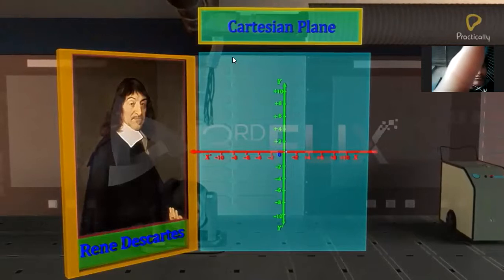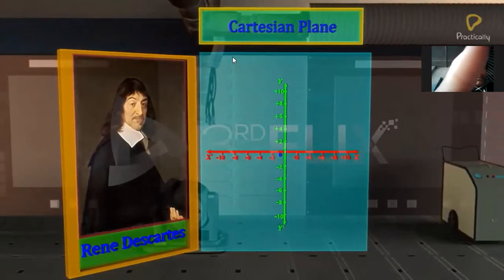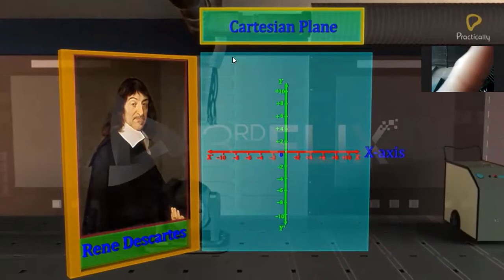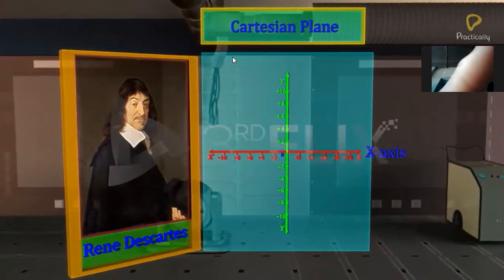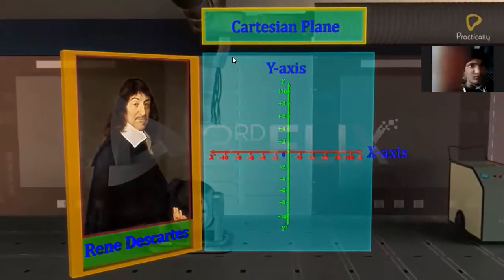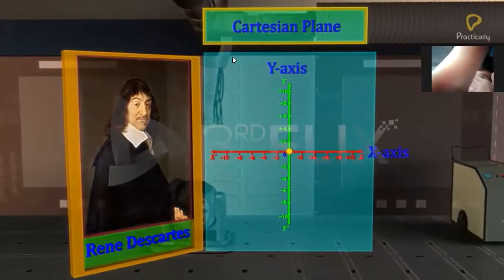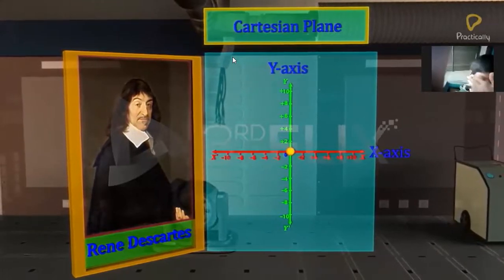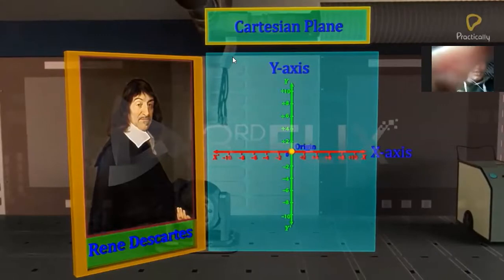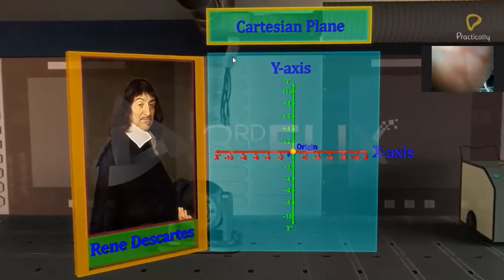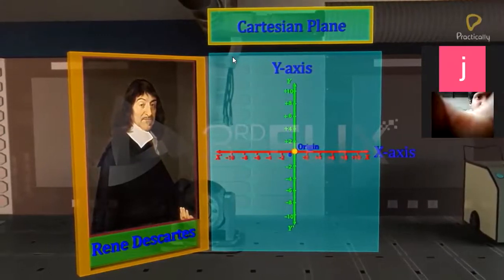The horizontal reference line is called the x-axis and the vertical reference line is called the y-axis. The point of intersection of the x and the y-axis is known as the origin. At this point, both x and y are 0.